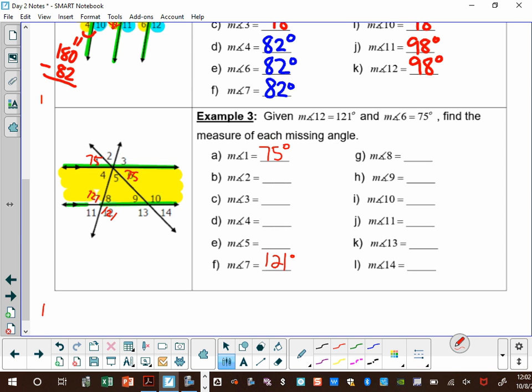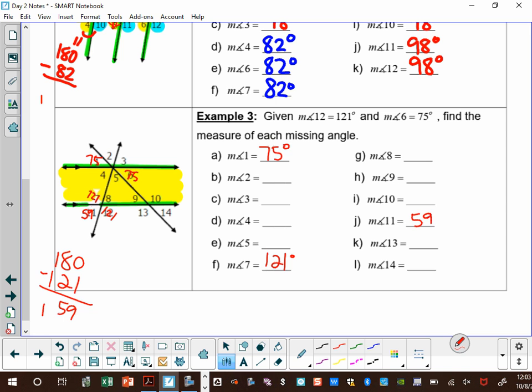Subtract it from 180. So we did 180 minus 121 to give us 59. Brian, you're a little ahead of us. All right, so let's do angle 11 is 59.